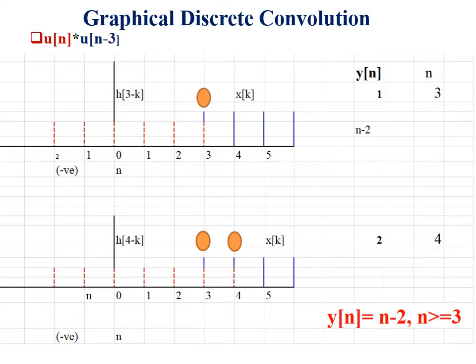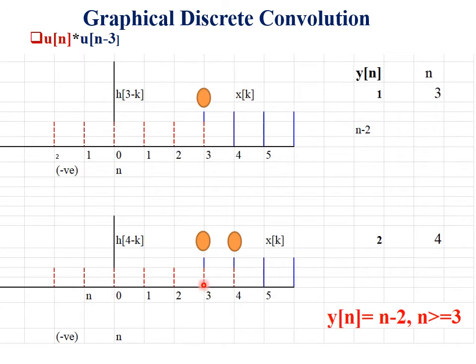Now what we are going to consider is taking h of n minus k a step forward and obtaining it as h of 3 minus k. So it lies over x of k, which starts from 3, and the product w n of k is 1, as has been shown here. Next, let us go a step forward by sliding this one more step, thereby making it lie over 4.